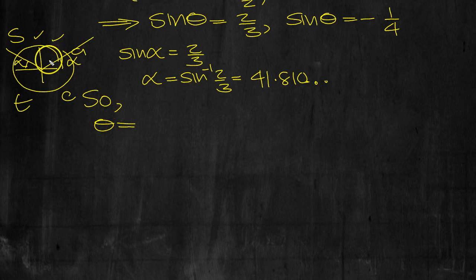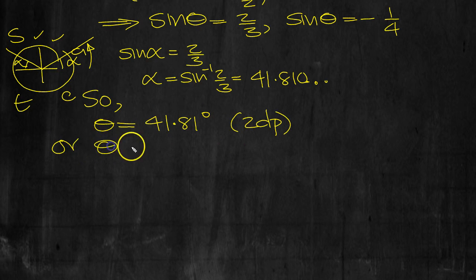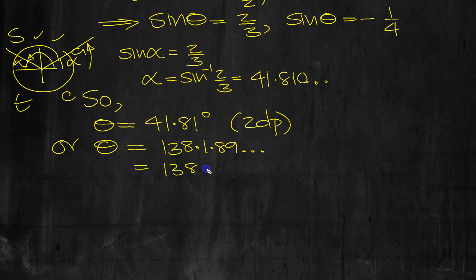So theta then here is equal to, let's go around from 0 to 360 around to here, and that would be 41.81 degrees, 2 dp, and theta is equal to the next solution is around to here, which is 180 minus 41.81, which is 138.189, which equals 138.19 to 2 dp, degrees.